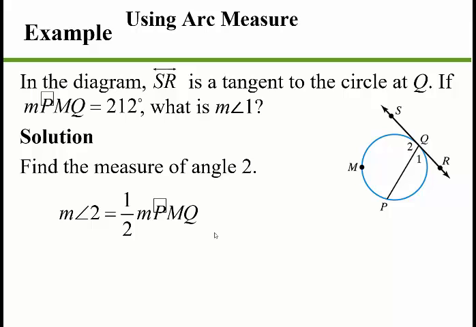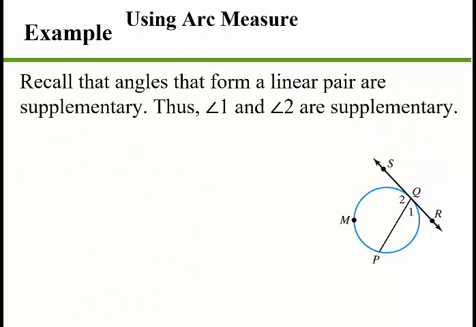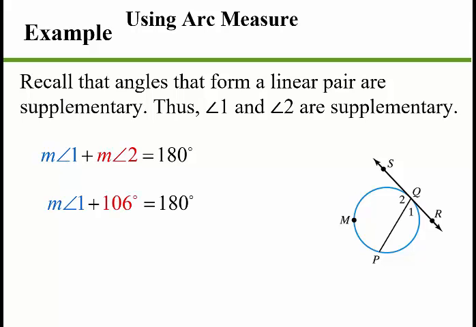The measure of angle 2, from the previous theorem, is 1/2 the measure of PMQ. So it's 1/2 of 212 degrees, which is 106 degrees. Then, recall that angles that form a linear pair are supplementary. So angle 1 and angle 2 are supplementary. If I know that the measure of angle 2 is 106 degrees, subtract it from 180, and the measure of angle 1 must be 74 degrees.